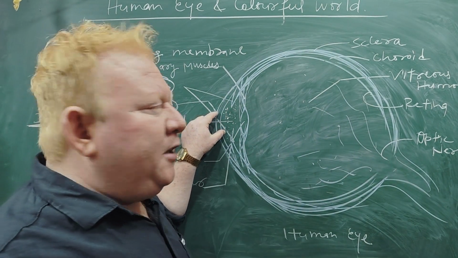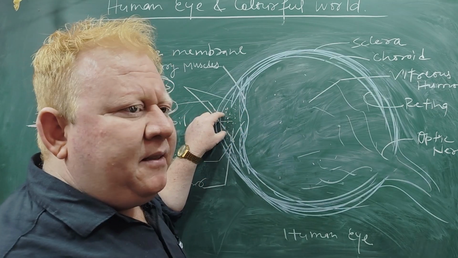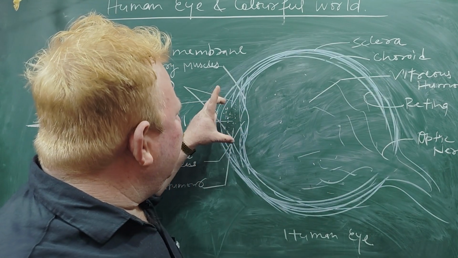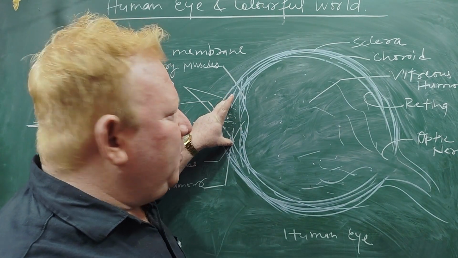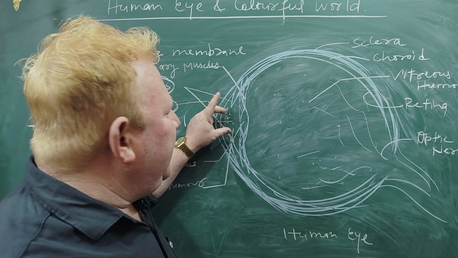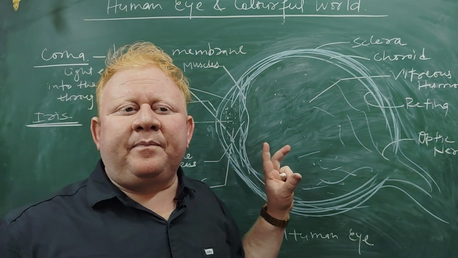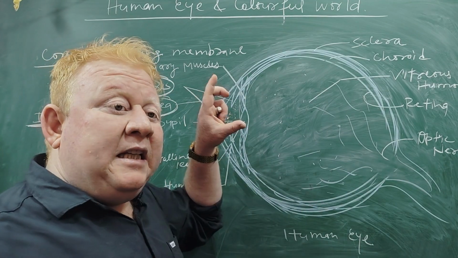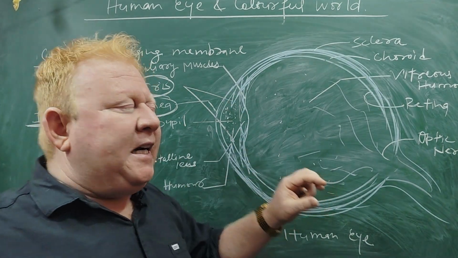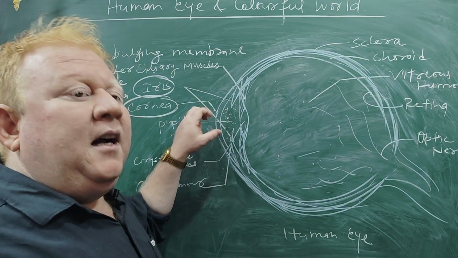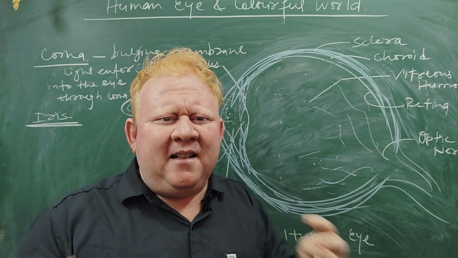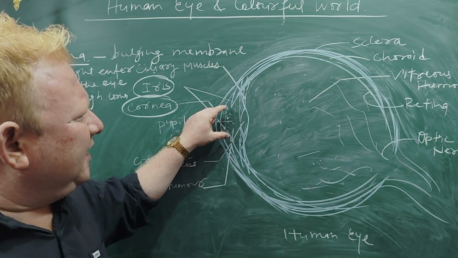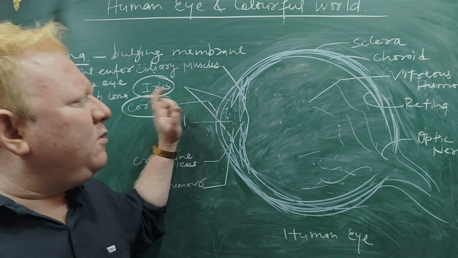Remember, this pupil is the empty place, and the iris is the cause because of which the size of the pupil increases or decreases. In dim light the pupil size increases, and in high intensity of light the pupil size decreases.